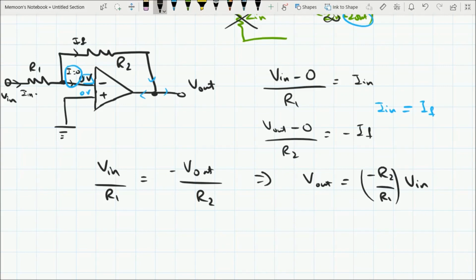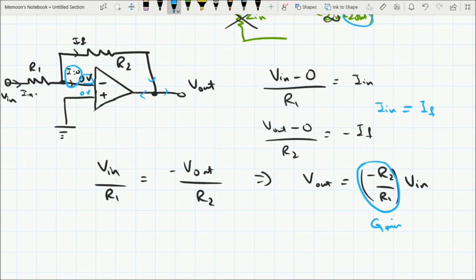Now you see here the input voltage is being multiplied by a factor, and that factor is the ratio of our feedback resistor to the input resistor. And now this factor is the gain of our amplifier.